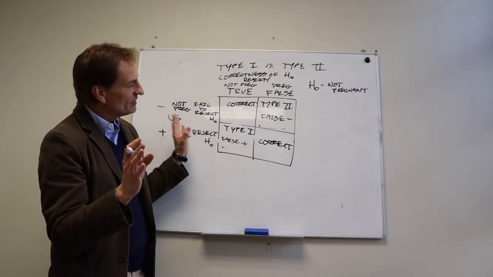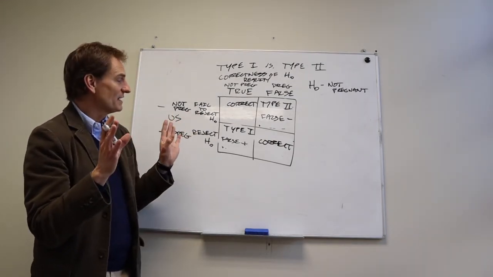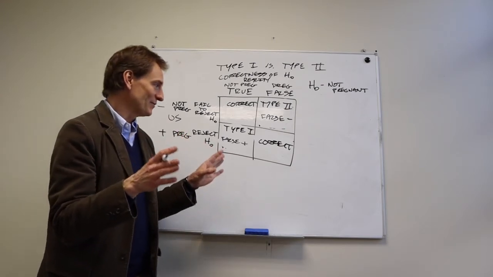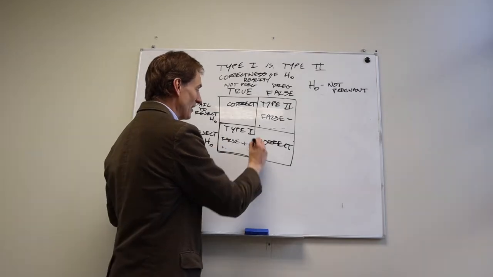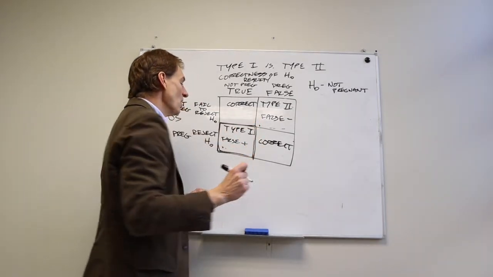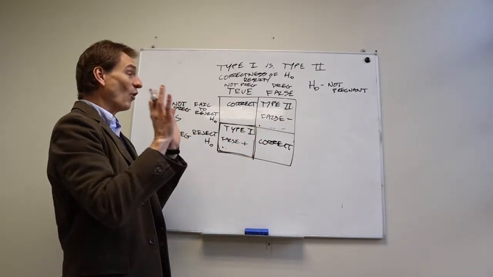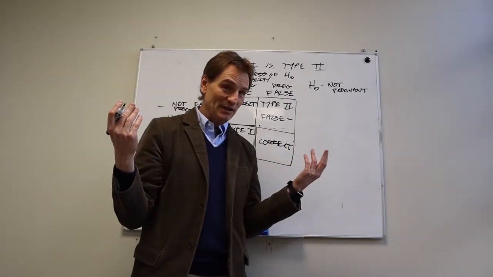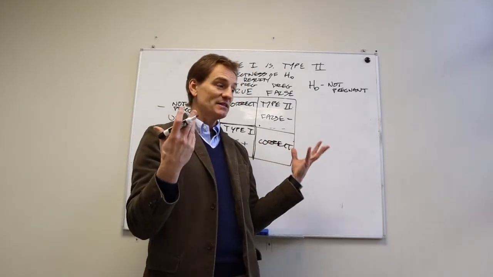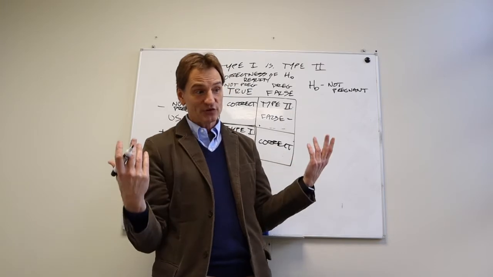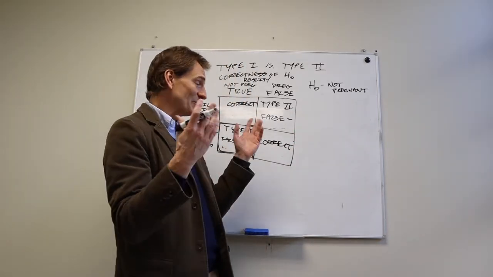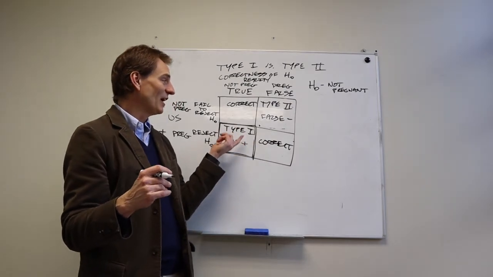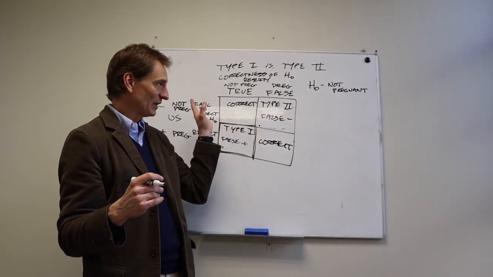Here's the thing: pregnancy tests almost never give you a false positive. So they avoid a type 1 error, okay? Why? It's due to litigation. Because if the pregnancy test tells you you're pregnant and then you change your behavior in some way or harm yourself, then they're liable because they told you you were pregnant when you really weren't.